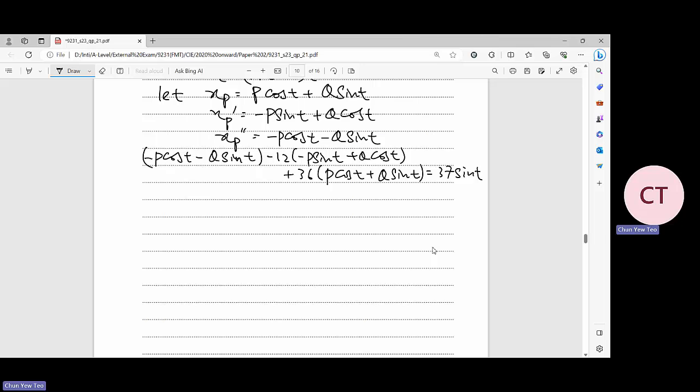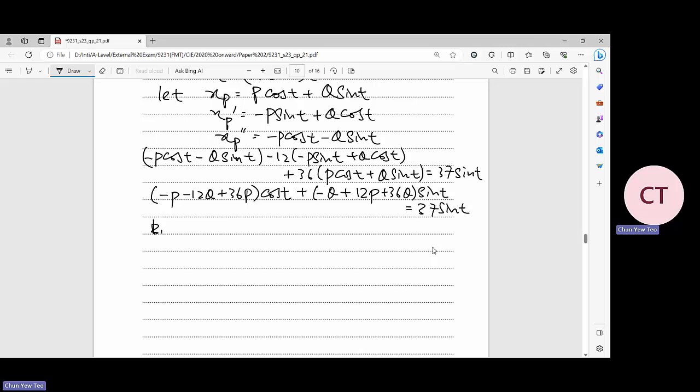So what I need to do now is the grouping, all the sin together and all the cos together. For the cos, it will be negative p minus 12q plus 36p, cos t, plus for the sin, negative q plus 12p plus 36q, sin t. Then it will be equal to 37 sin t.